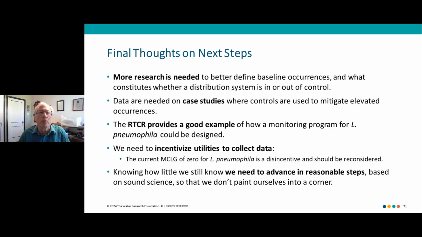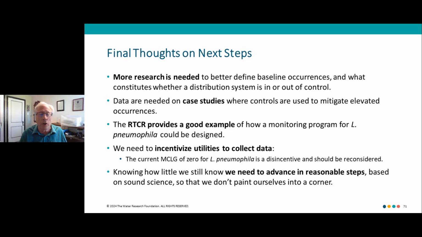Well, what are some final thoughts on next steps? Well, more research is needed to better define baseline occurrence and what constitutes whether a distribution system is in or out of control. We especially need data on case studies where controls have been applied to mitigate elevated occurrences, and we can see what works, what doesn't, how well does it work.